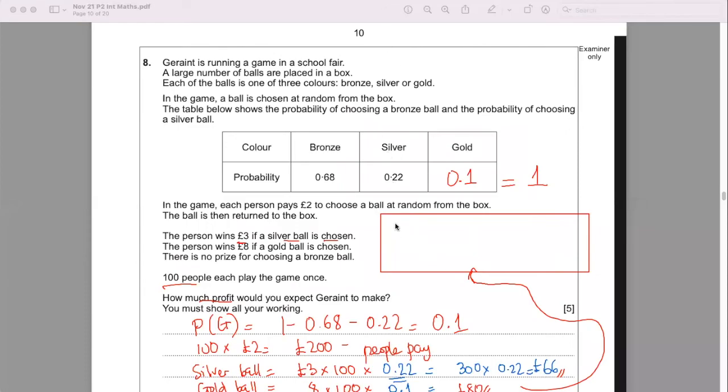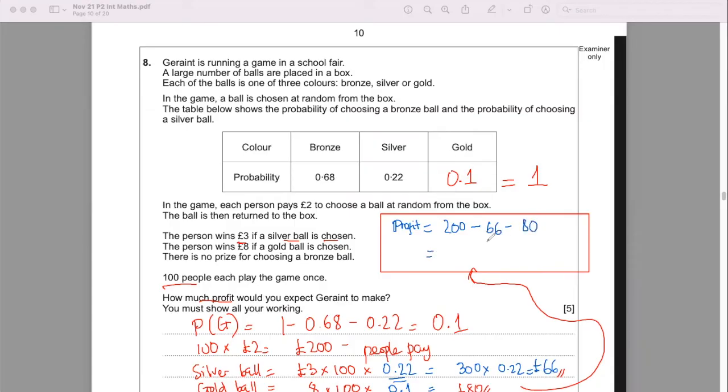So how much profit? The profit would just be how much is left. So they get £200 because that's how much people pay, and then they have to pay for the people who actually won, which is 66, and then take away 80 as well.